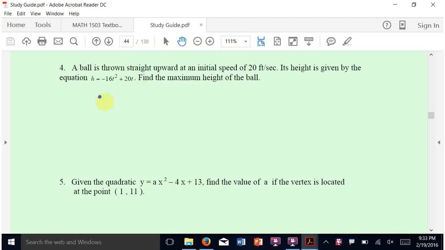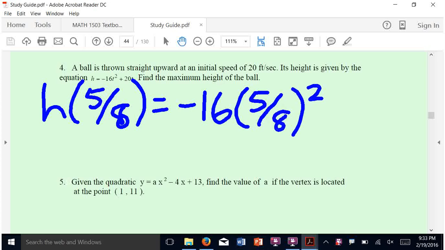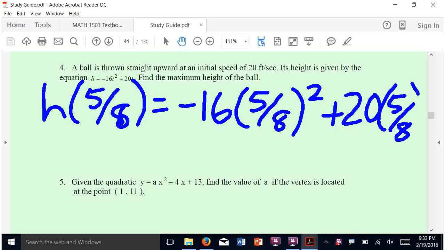So h of 5/8 equals negative 16 times 5/8 squared plus 20 times 5/8.